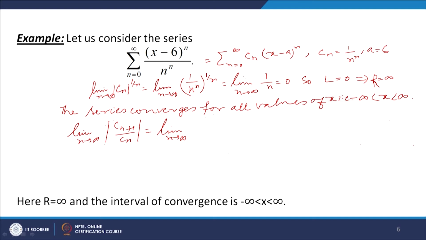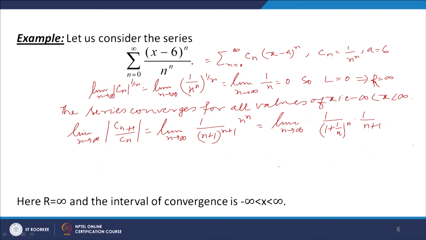Now, C_(n+1) will be 1 by (n+1) raised to the power n+1. And then C_n is 1 by n^n. So, n^n divided by (n+1)^(n+1), what I will get is 1 over n+1 times (1 by (1 plus 1 by n))^n, into 1 over n+1, right.